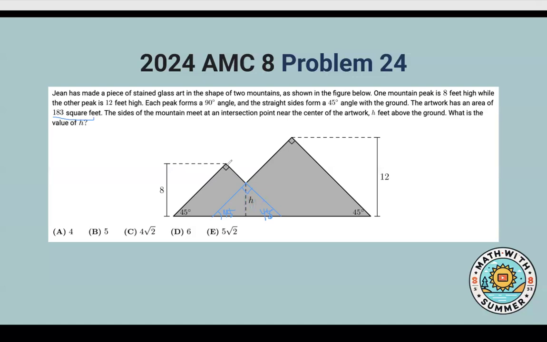So we know the height of this triangle here, let me outline it in a different color so we can get an idea of what I'm doing. I'm going to find the area of this triangle first, and we know that the height here is 8.